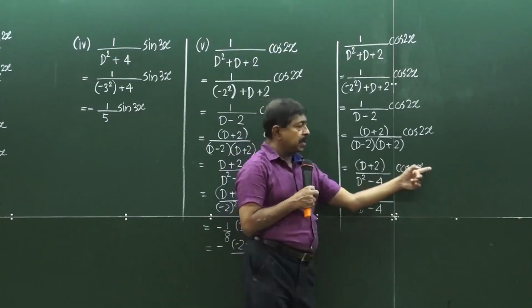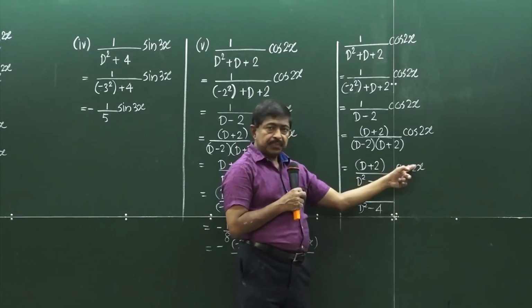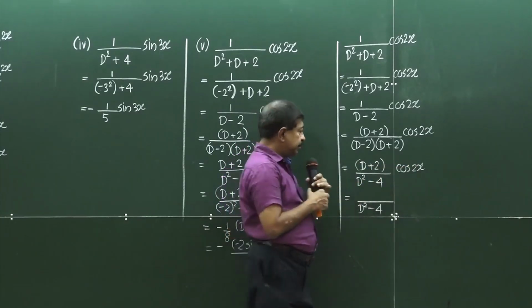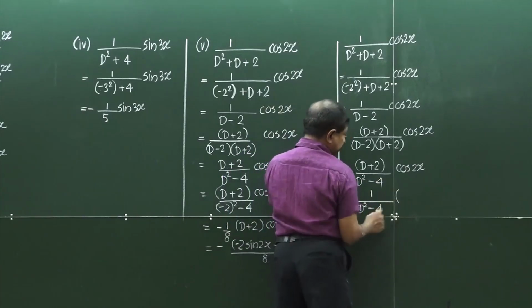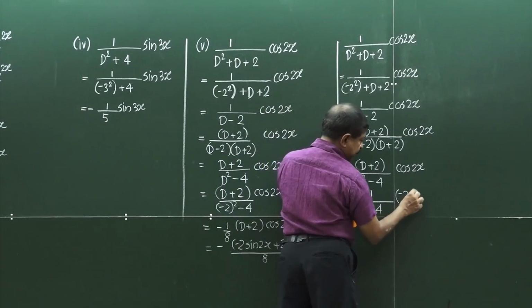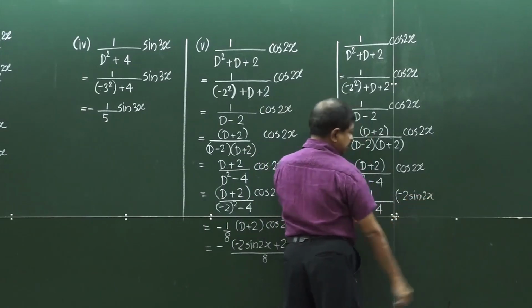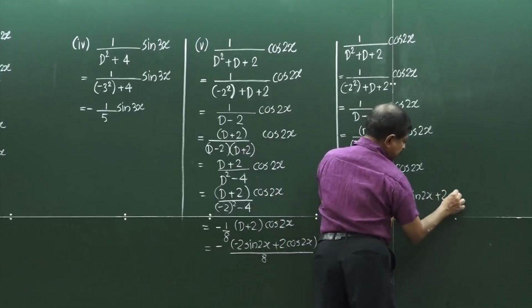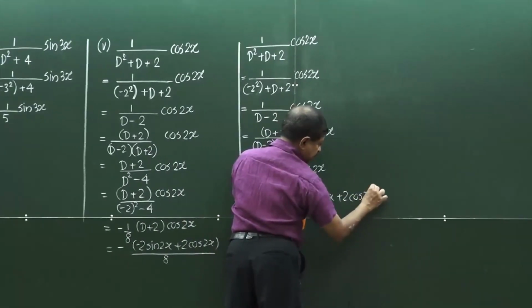I simplify this part because I know it: d times cos 2x means its derivative. I'll write it here. d cos 2x is minus 2 sin 2x. Then 2 times cos 2x is this.